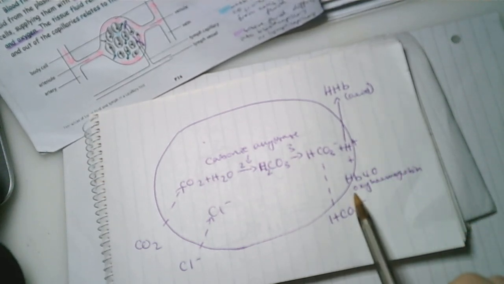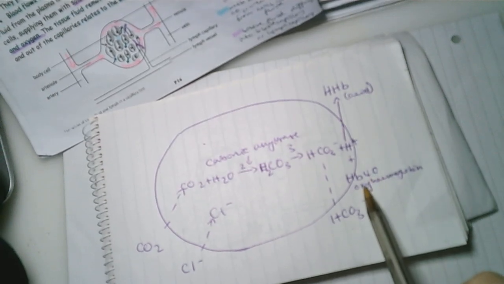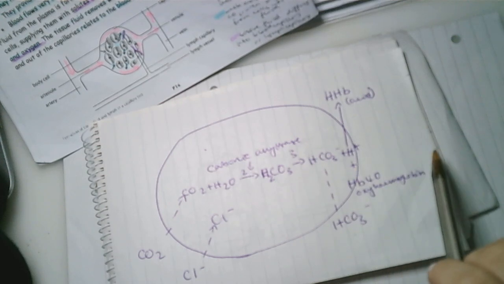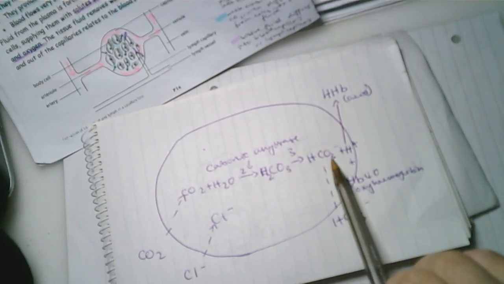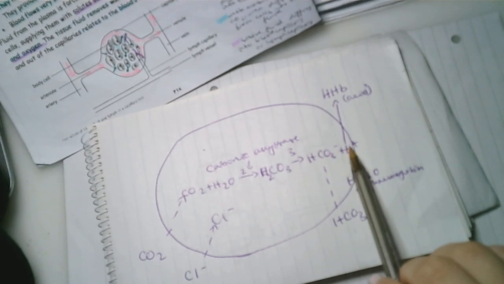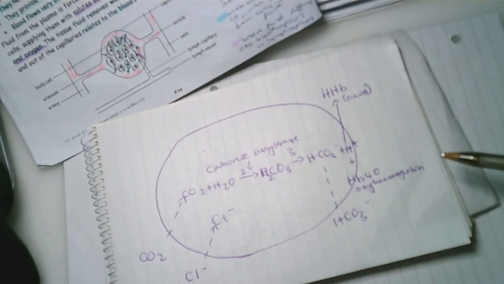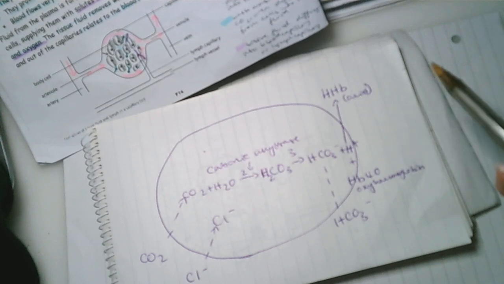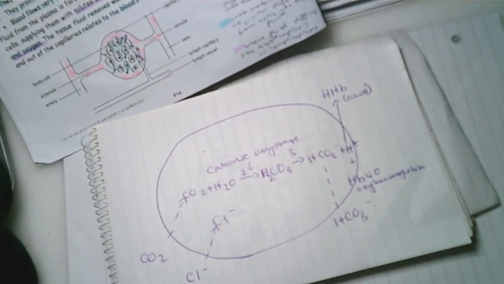And then the H+ ions combine with the hemoglobin to make haemoglobinic acid, which is HHb, and this removes hydrogen ions so the pH of the red blood cell does not fall. And then the oxygen diffuses out of the red blood cell and into the tissues from where oxyhemoglobin was.